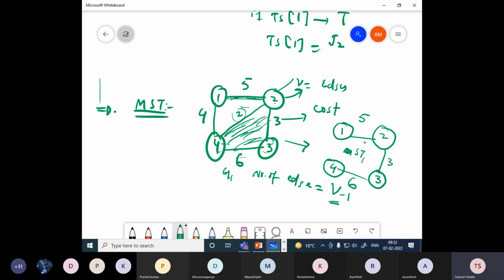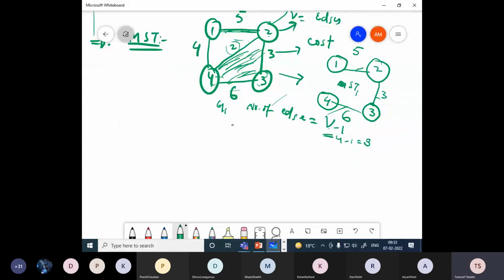The number of edges in the subgraph should be v minus 1, that is 4 minus 1, which is equal to 3. And we see it's 1, 2, and 3. So any subgraph of the original graph which possesses these 3 features, that is, no loop, v minus 1 edges, and containing all the original vertices of the graph, will become a spanning tree.